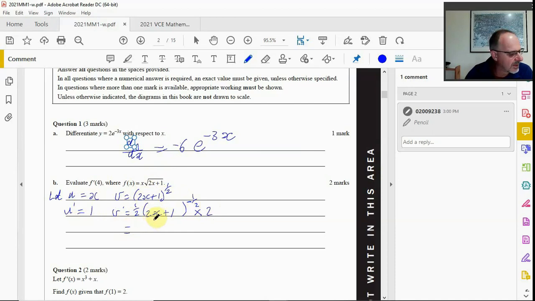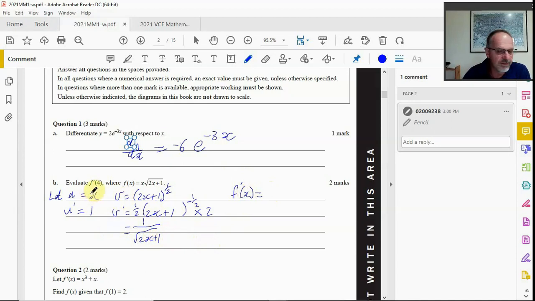And so that becomes 1 over the square root of 2x plus 1. All right, and so there's our v dashed. Well, we've got all the makings of it, and so we refer to our product rule in the formula sheet.